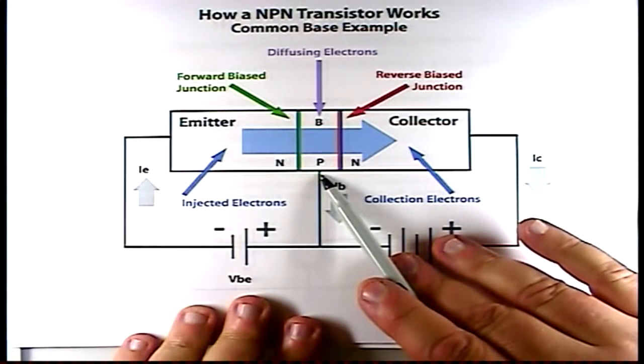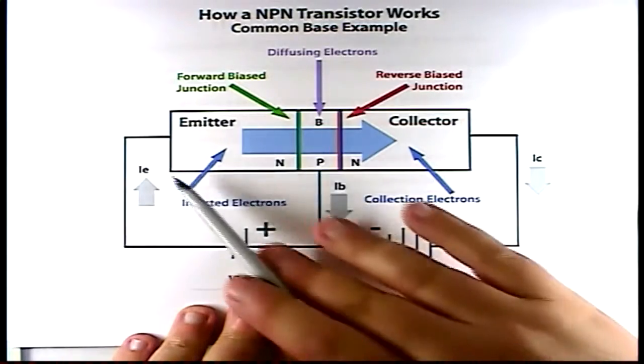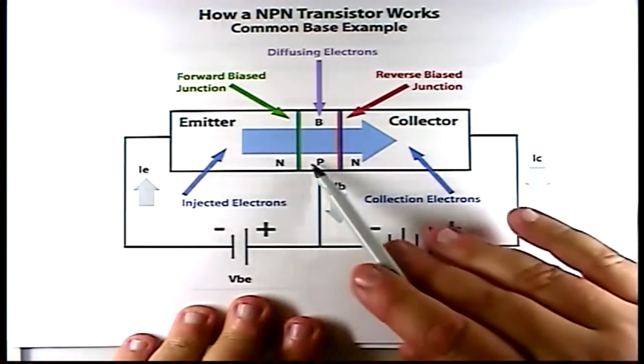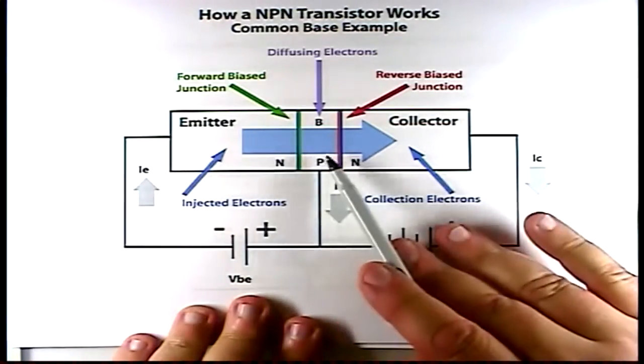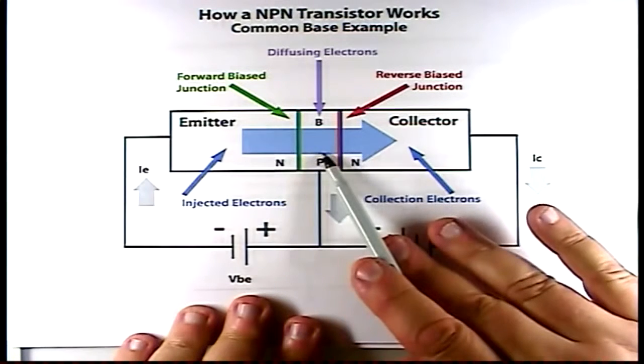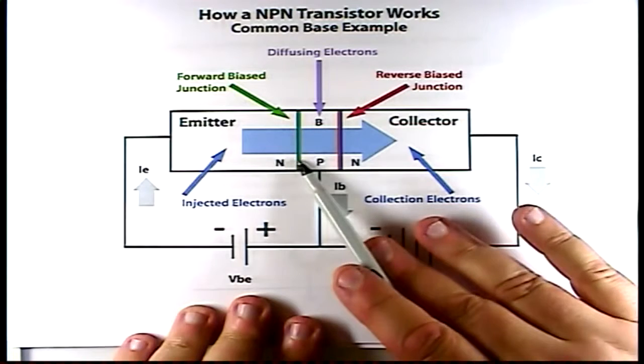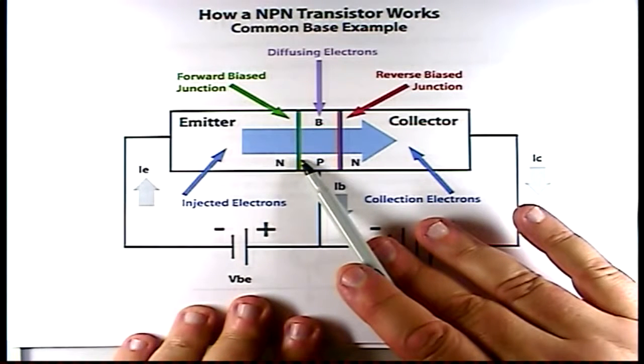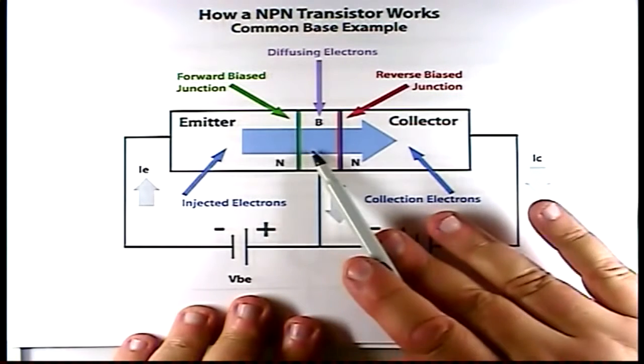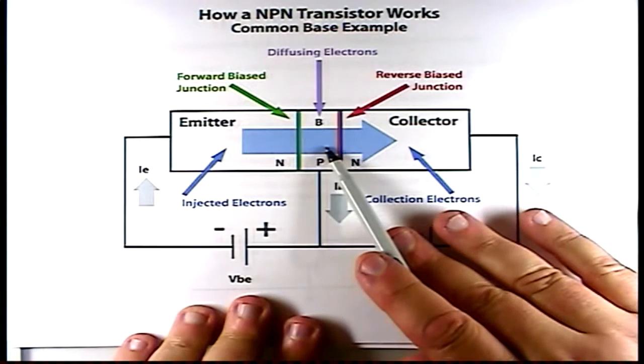Now this was a positive doped region, but when I go into conduction, because I made a positive here from this battery and a negative here from this battery, and it started a current flow, I'm actually injecting electrons into the base from the emitter. That has eliminated this depletion region, and it's caused us to go into forward bias, so we have conduction. So this base is going to start filling up with holes.